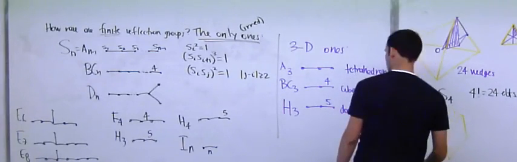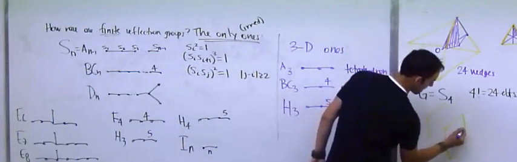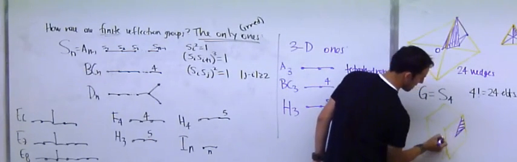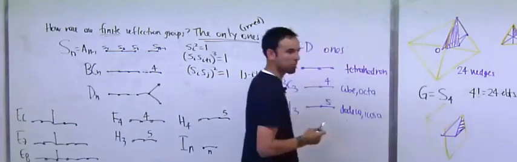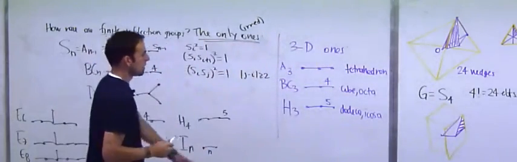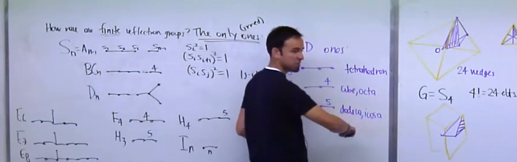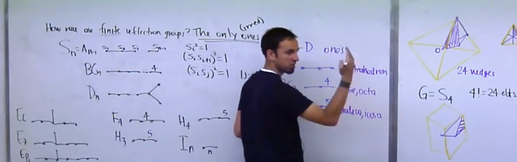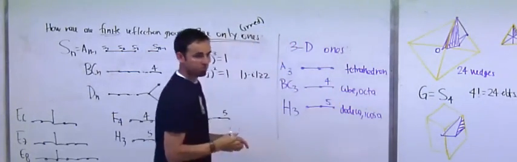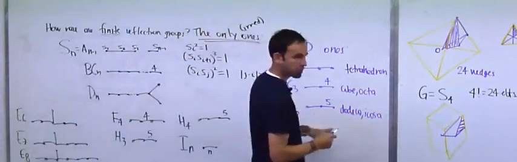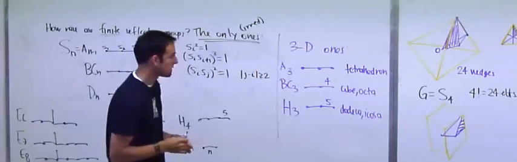And your wedge is exactly this wedge right here, from the center of the cube to here. If you want to draw this one, it's a little bit harder. You're going to have to look at an icosahedron and the reflecting hyperplanes across it. And that icosahedron is going to give you your finite reflection group.